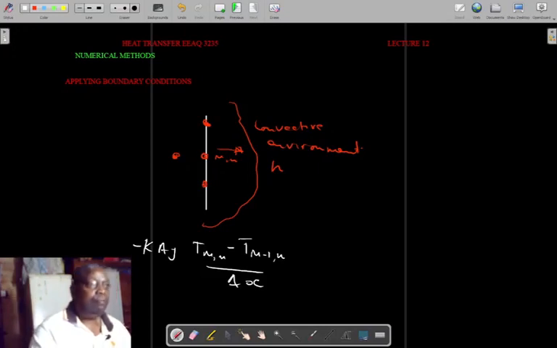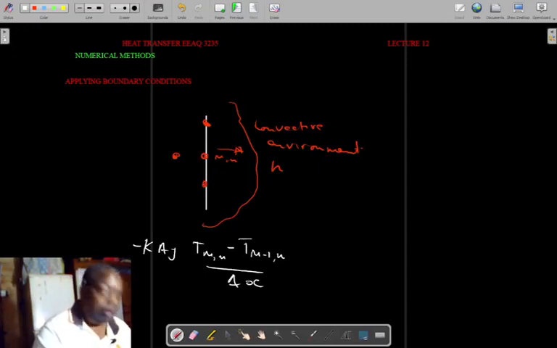So the area that will be perpendicular to that flow will be the area delta Y times the thickness or the width which is going into the board or out from the board, and we'll take that as 1.